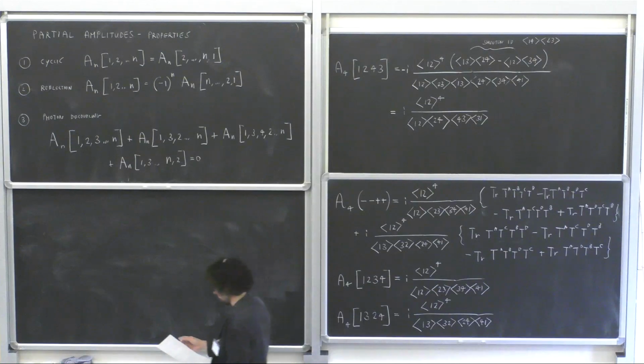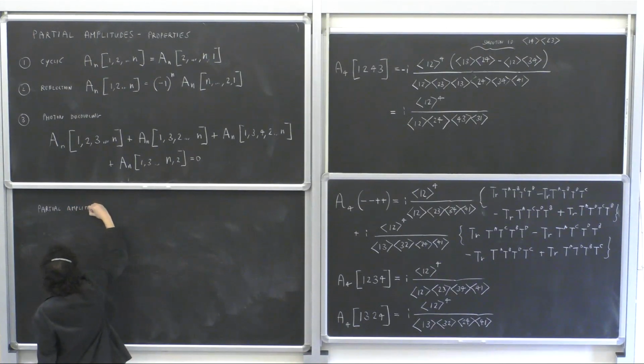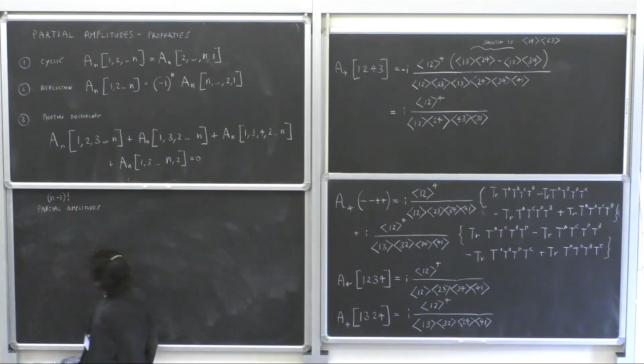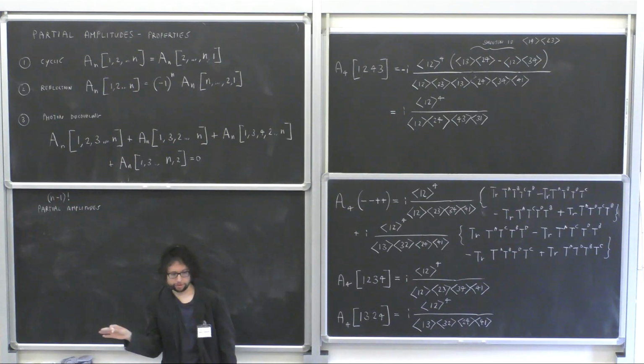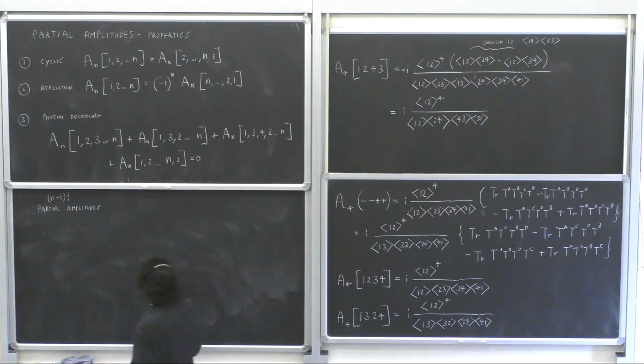The fact that these partial amplitudes, as I have defined, there are (n-1)! of them, depending on a permutation which fixes, due to cyclicity of the trace, the first leg.